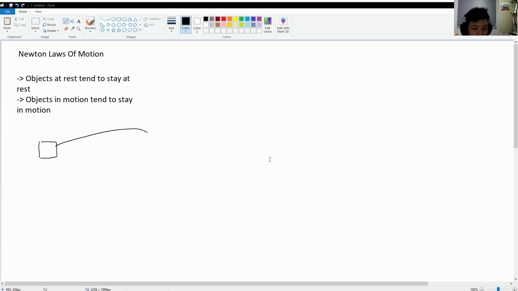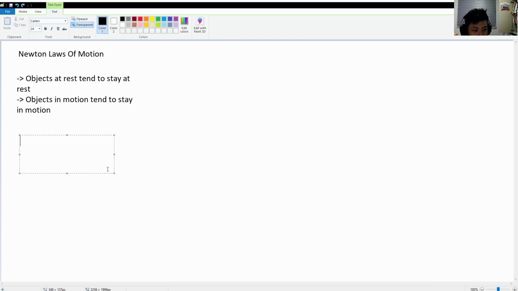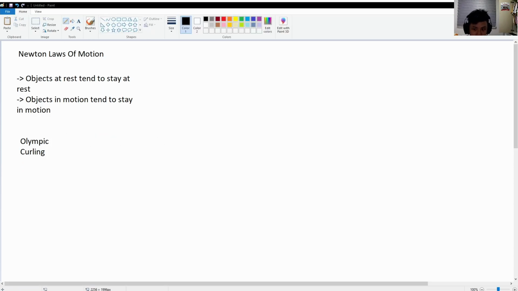But if we think about Olympic curling, what exactly does it look like? Well, here's the ice, and you have the stone. And this stone is moving at velocity v.